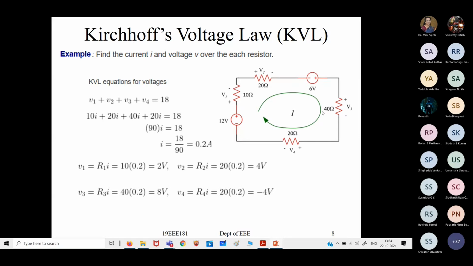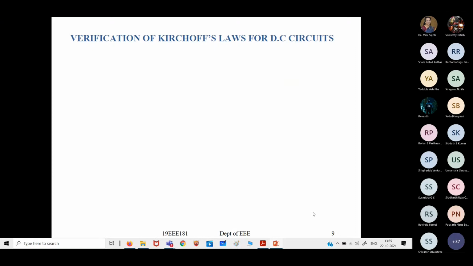Since it is a series network, we have the same current flowing. Let us call it I1. So 10 I1 plus 20 I1 plus 40 I1 plus 20 I1 is equal to 18. From here we get the value of the current. Incorporating it in each of the voltage drops across each of the resistors, we can find the value of V1, V2, V3, V4, or any number of resistors that are given to us in the mentioned circuit.